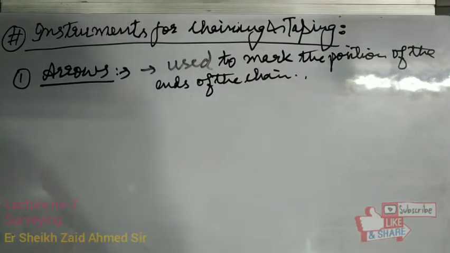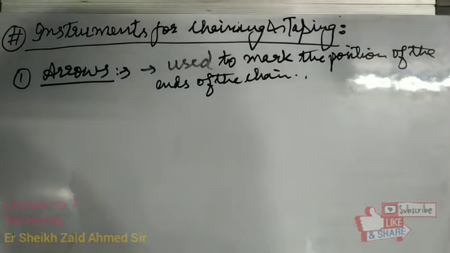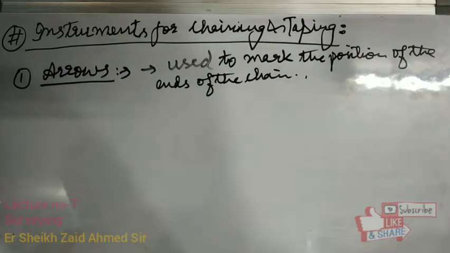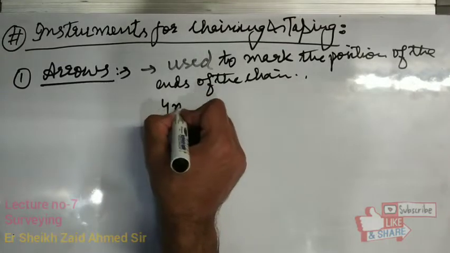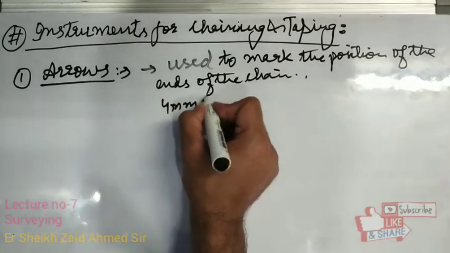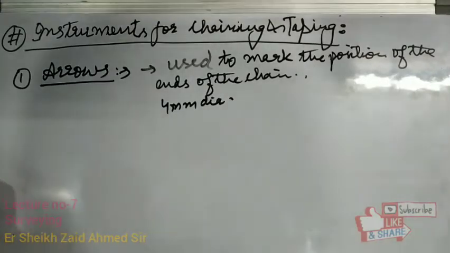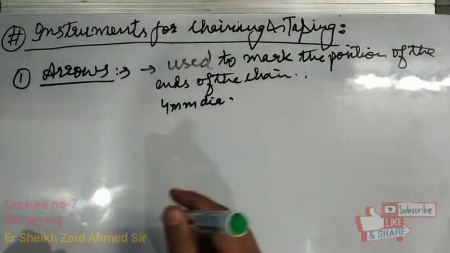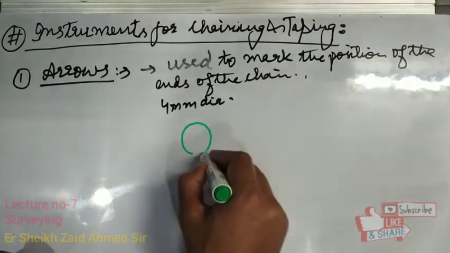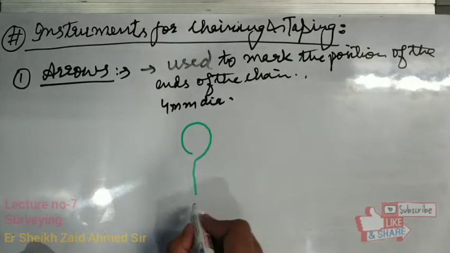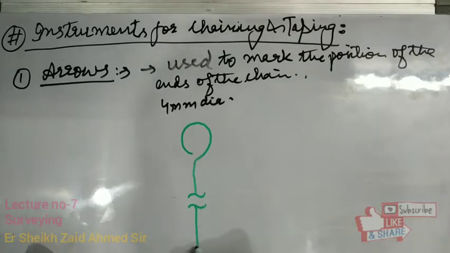These are usually made up of good quality hardened and tempered steel of 4 mm dia. See, I'll draw a diagram of this arrow. It's just like this. Make a break here, and it is pointed at the bottom.